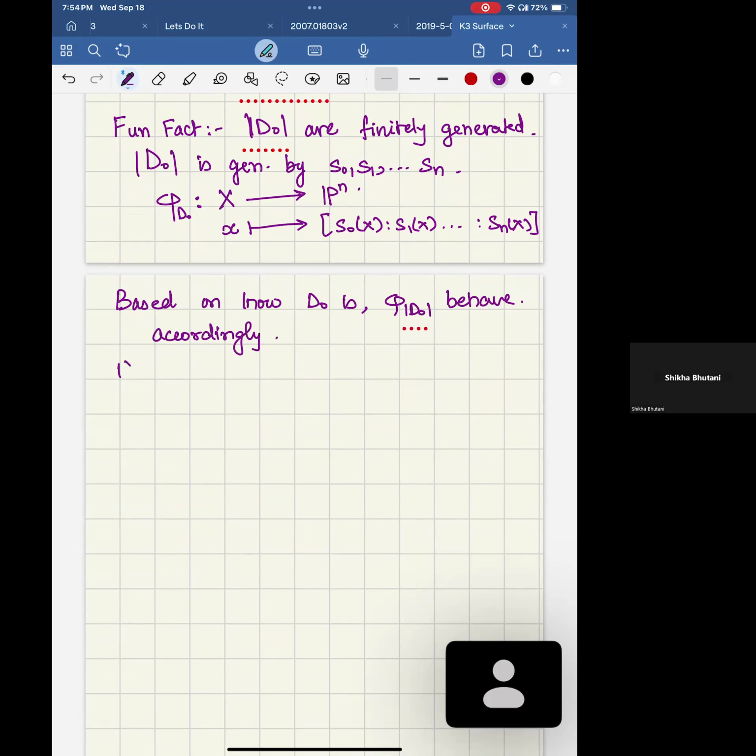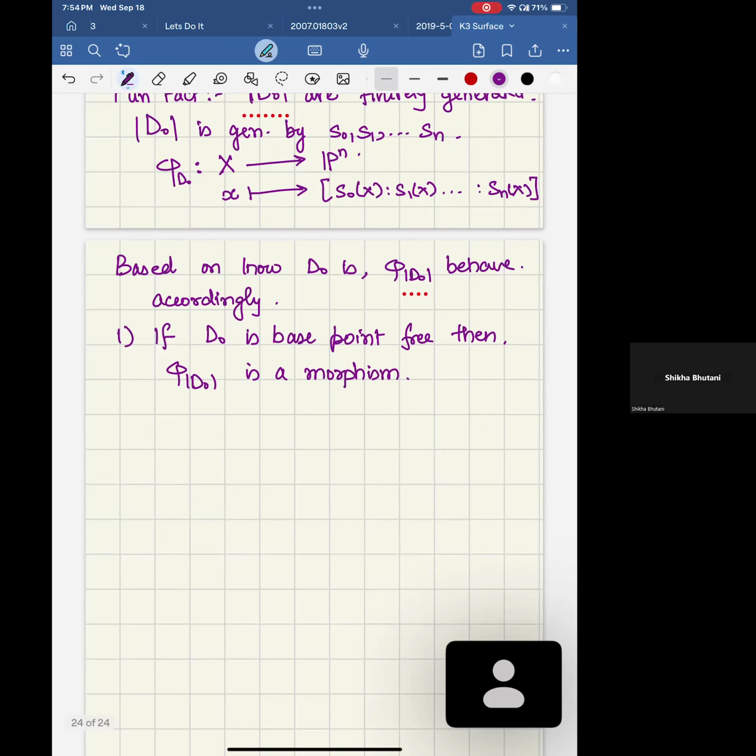For instance, if D naught is base point free, then phi of D naught is a morphism. Let me explain my comment in here. What is base point free?